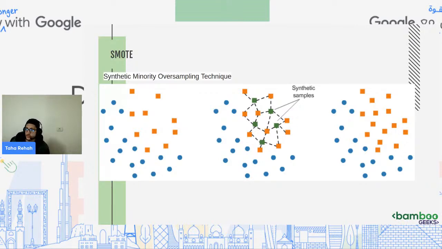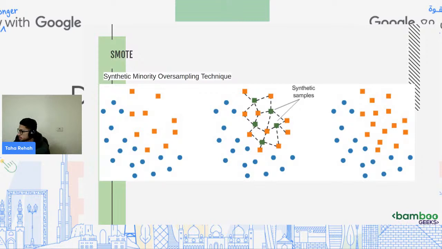This can be useful, like doing data augmentation in deep learning with images, it's the same concept. I'm generating new data and making it more useful to the model, so that it can train and generate better results.